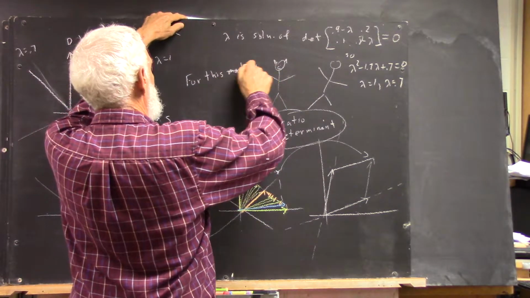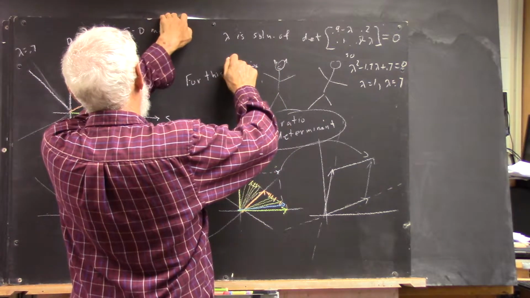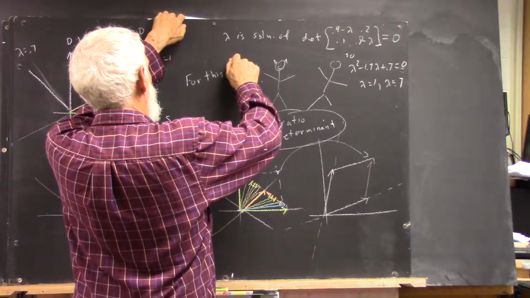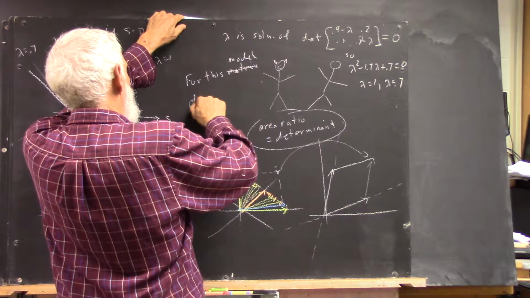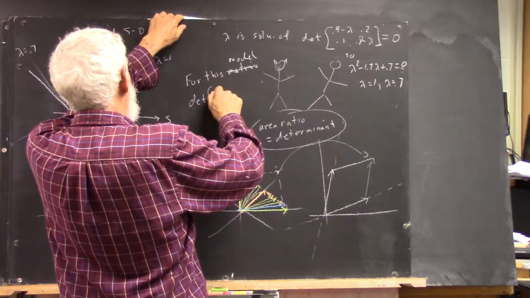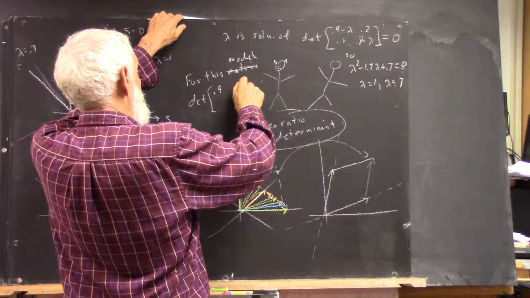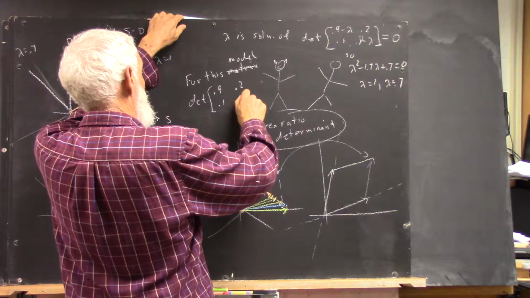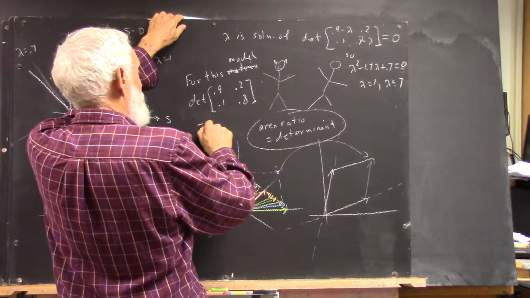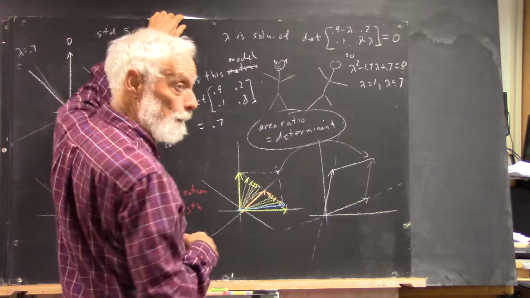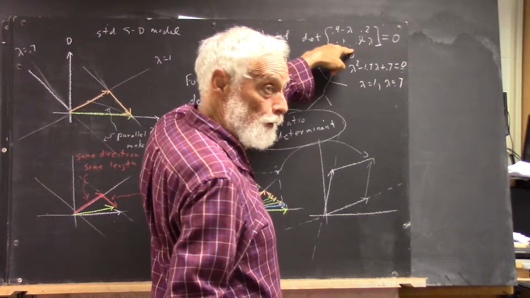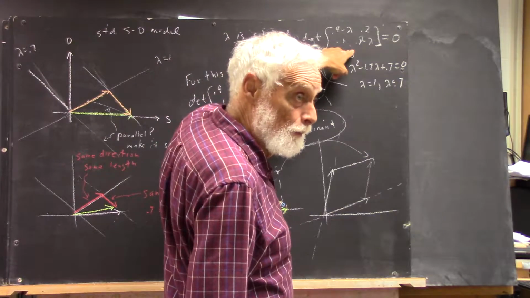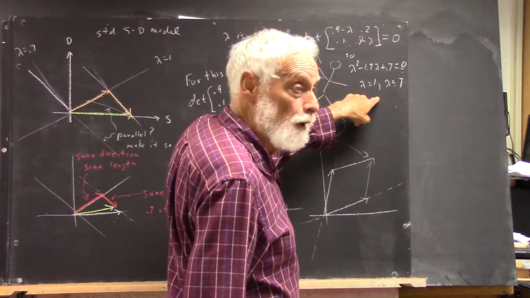And for this model, now the determinant of the matrix itself, without the eigenvalues, is 0.7, right? Now the determinant of this matrix, for the reasons that I went over just a while ago, is what you use to get your characteristic equation.